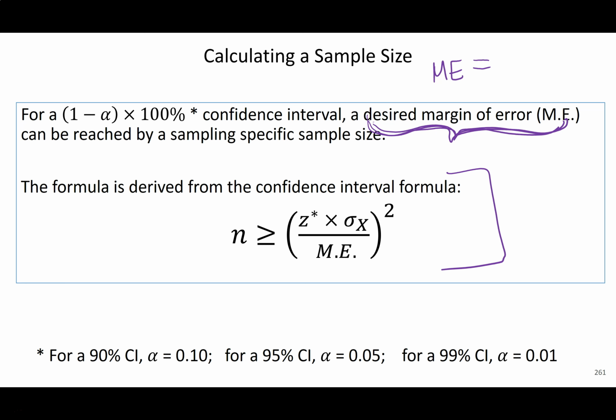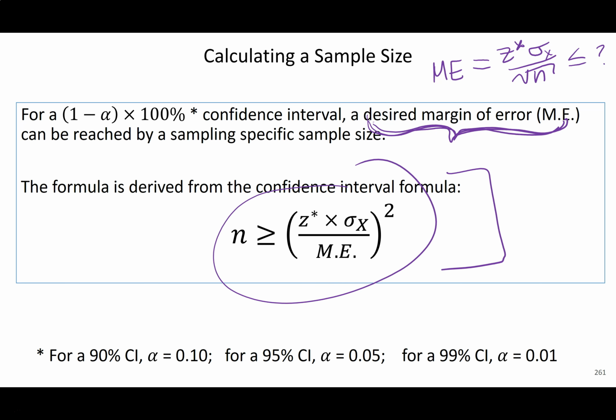So remember, margin of error is z star times sigma of x over root n, and we say it's less than some amount. We are just solving to figure out what n will be.